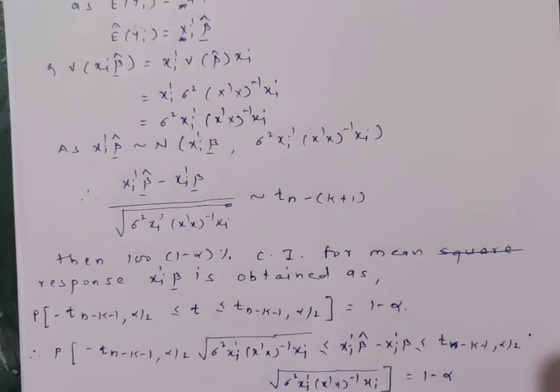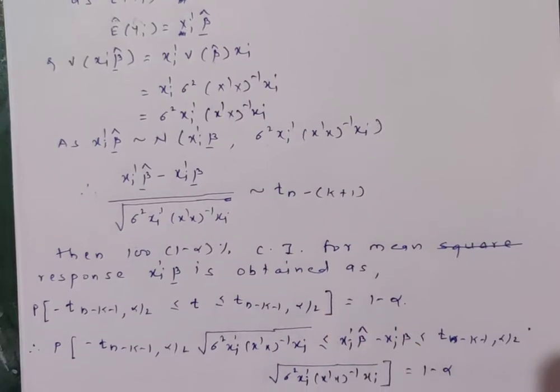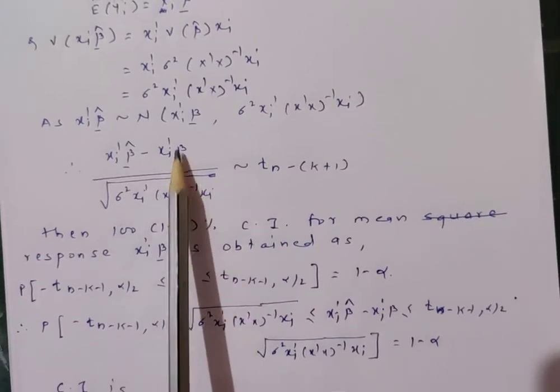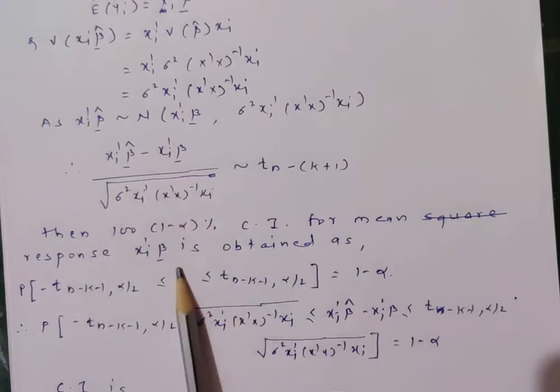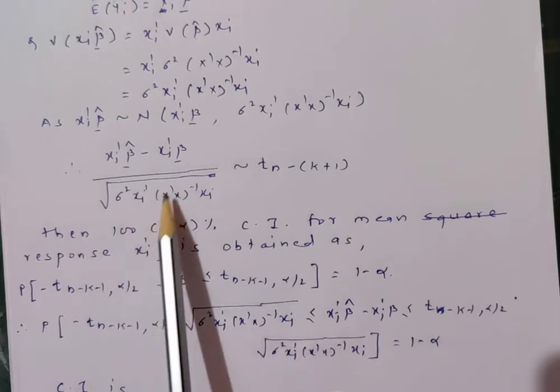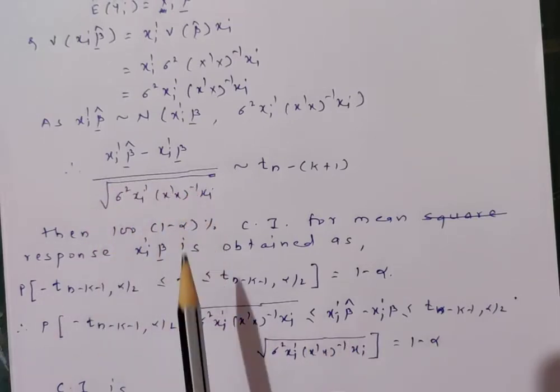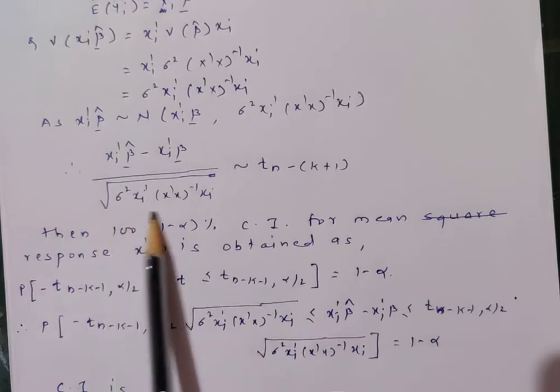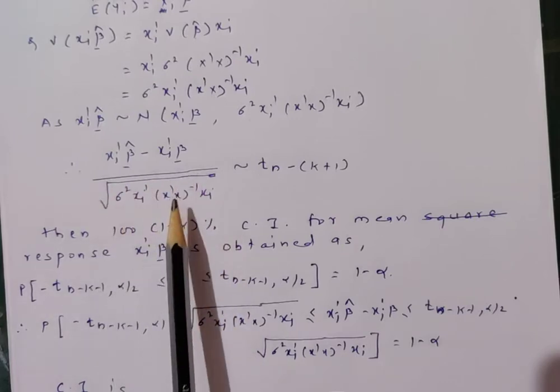This is equal to 1 minus alpha. The probability is the same, so we may multiply the probability by this denominator.